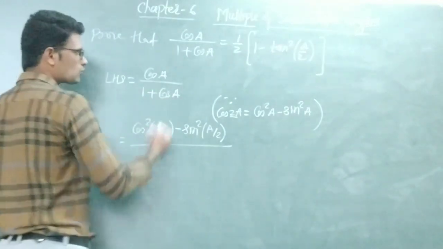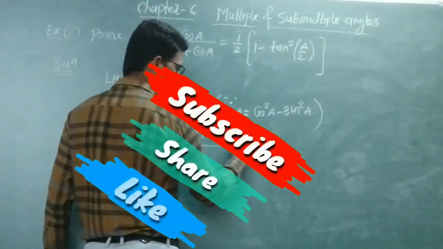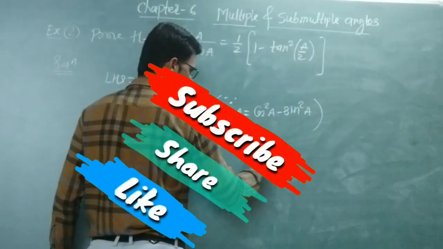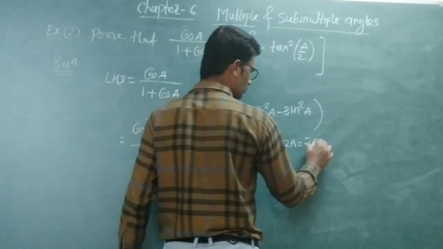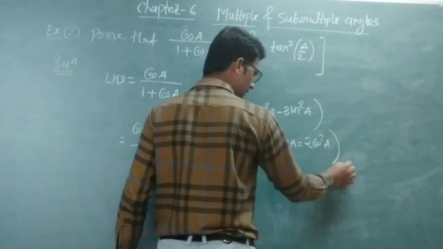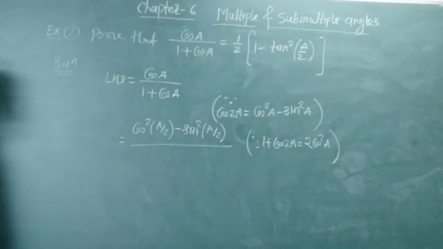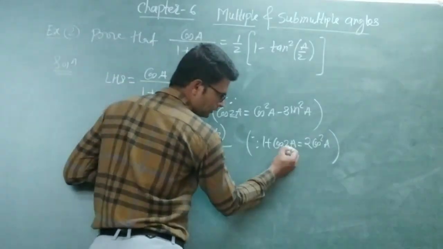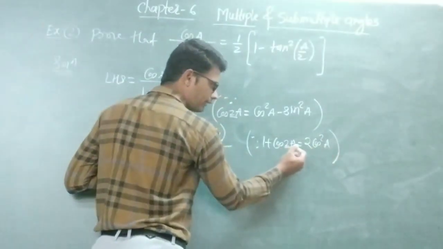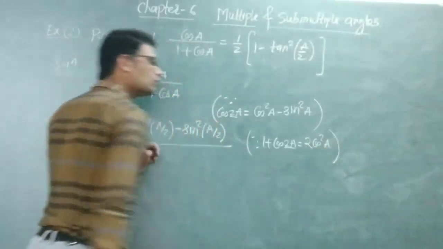Now here 1 plus cos A. We know that 1 plus cos 2A is 2 cos square A. So 1 plus cos A will be what? If we have 2A, then here A. If you have A, then I have to divide this by 2.